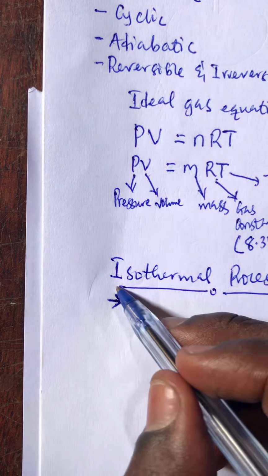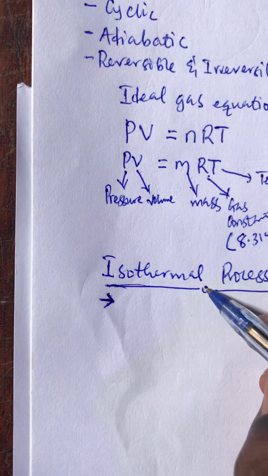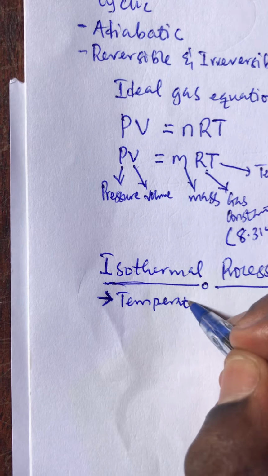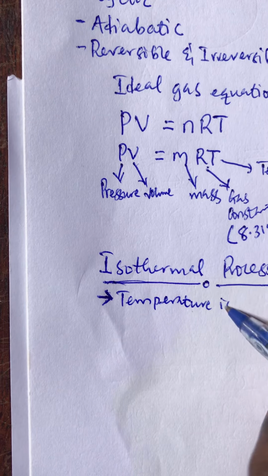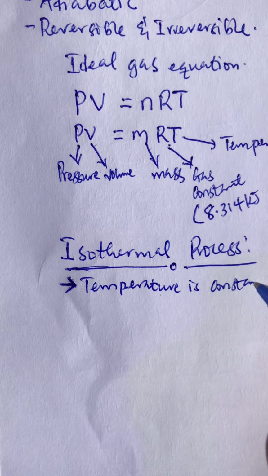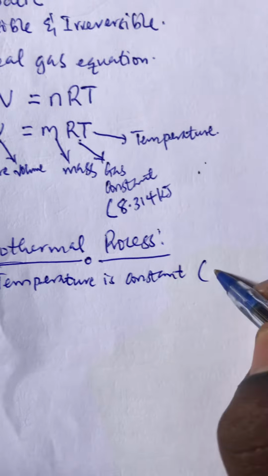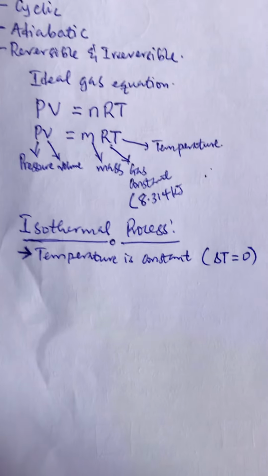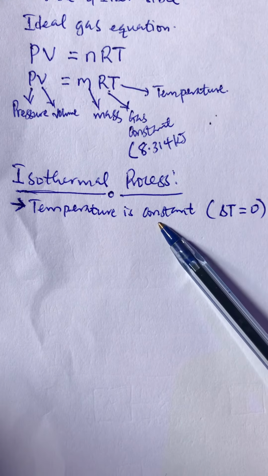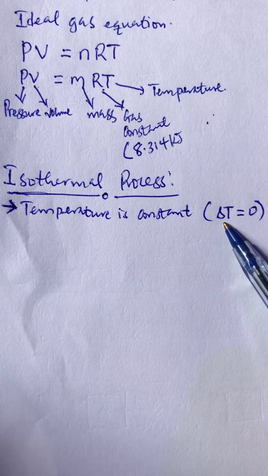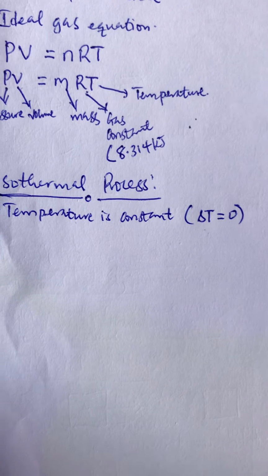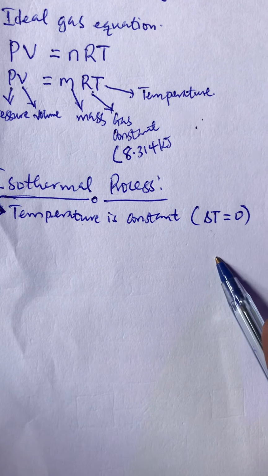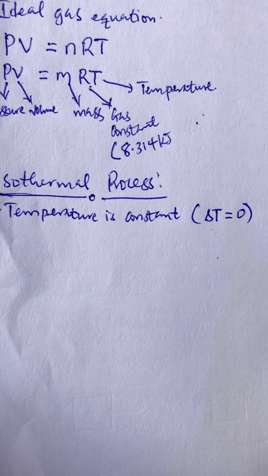So temperature is constant, or change in temperature is equal to 0. Whenever you say temperature is constant, you cannot say that change in temperature is constant. It is wrong to say that change in temperature is constant. Change in temperature is 0.